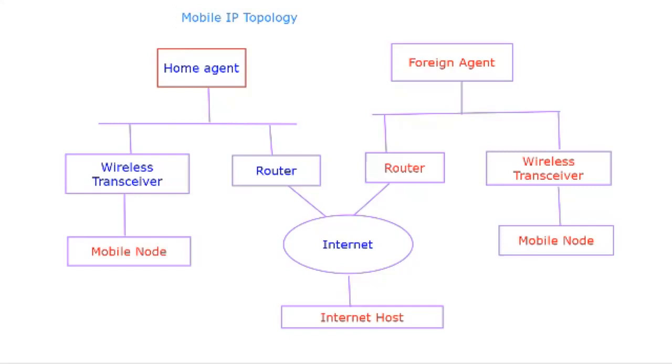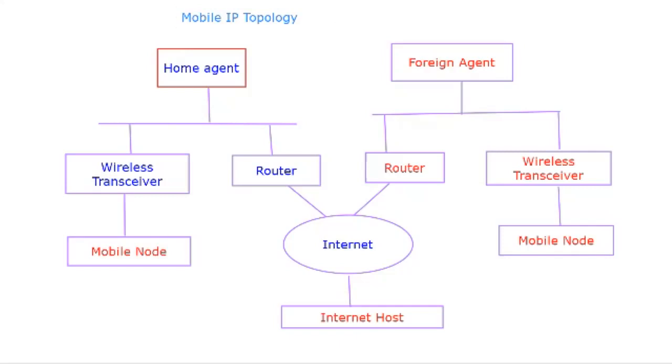You find here that home agent and foreign agent both contain a wireless transceiver, router, and mobile node.